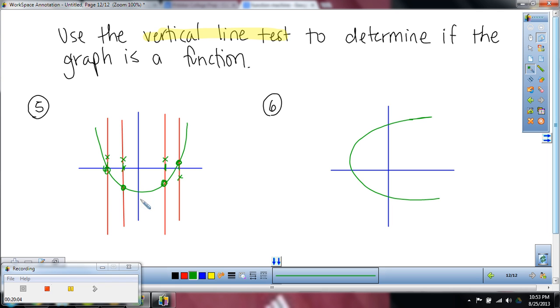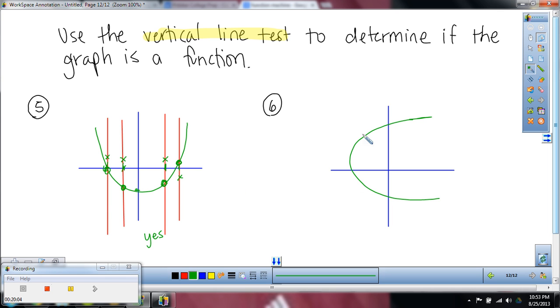So when I plug in this x, I get out this y. It's just one point of contact, so yes, the vertical line test passes, because everywhere the vertical line touches, it's just touching in one place.